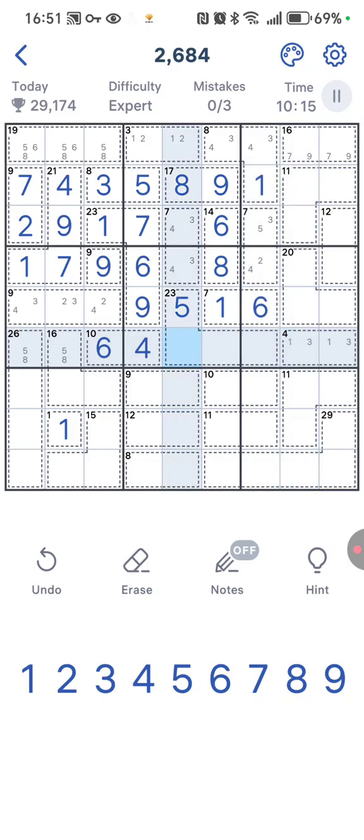So it's got to be 2. It's got to be 7. And it's got to be 9. Now, can't put 9 in there, so that means that 9 is in there. 2 and 7.